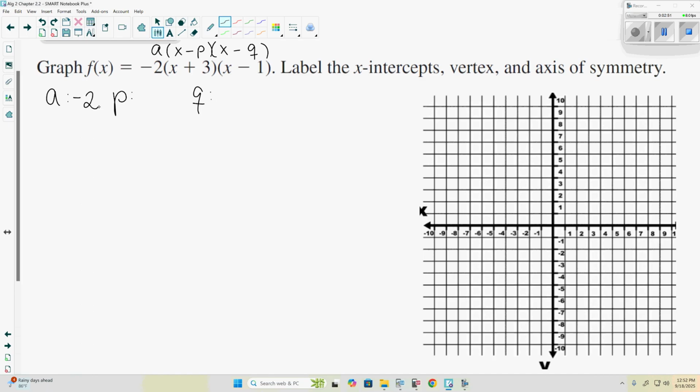The value of P, negative 3. Because it's x minus P, and the only way to go from x minus P to x plus 3 is if the value of P is negative 3. Because our negative and negative would give us positive. Value of Q is 1. Vertex. Axis of symmetry.